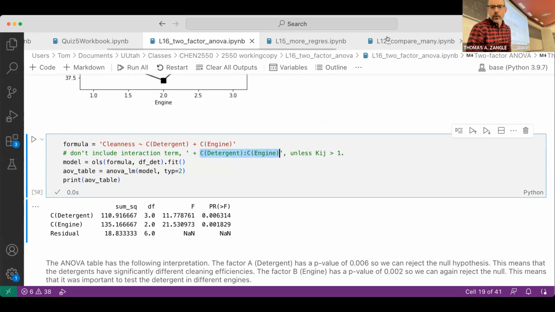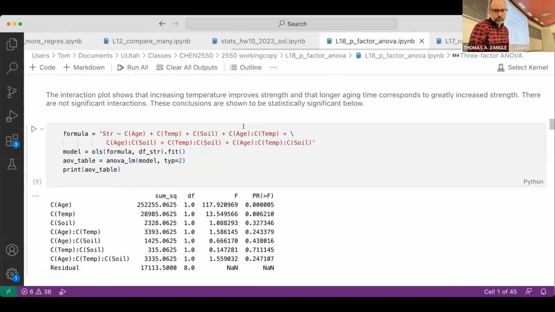Yep. And so one of the big differences in 3-factor is that now we have not only all the single factor effects, we have all the pairwise effects, and then we have this grand total interaction effect. Okay.